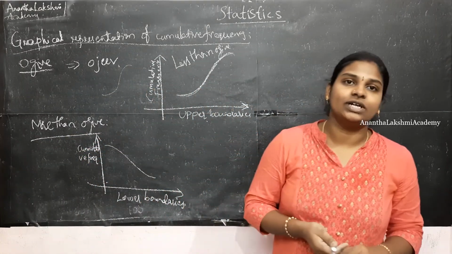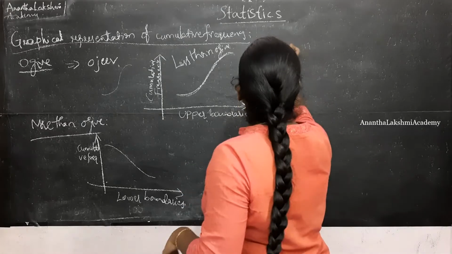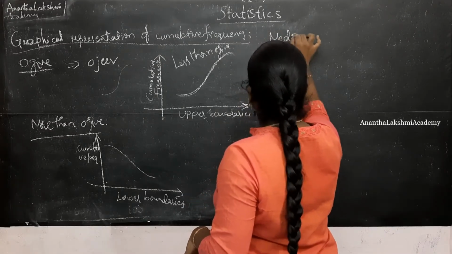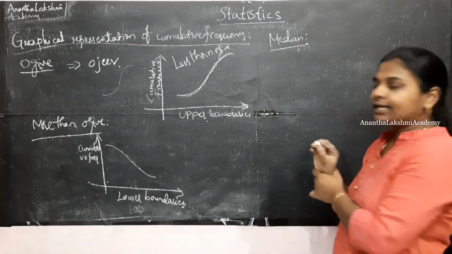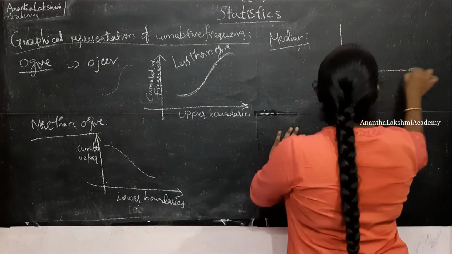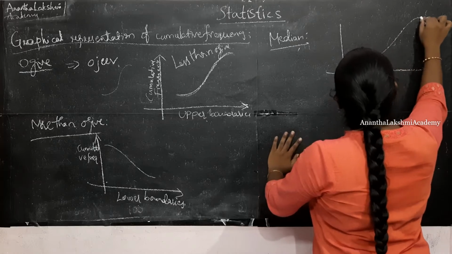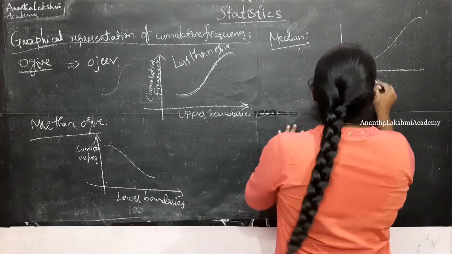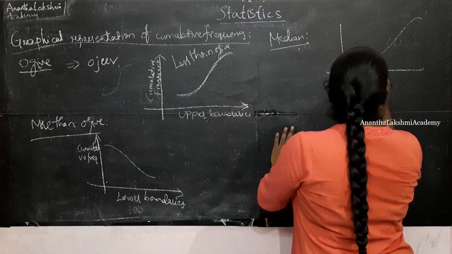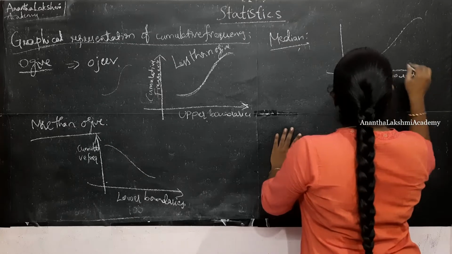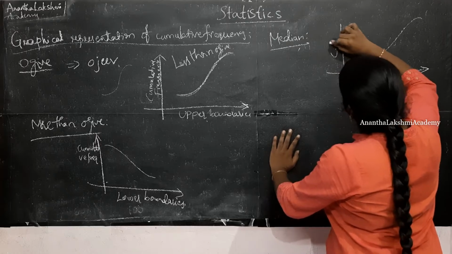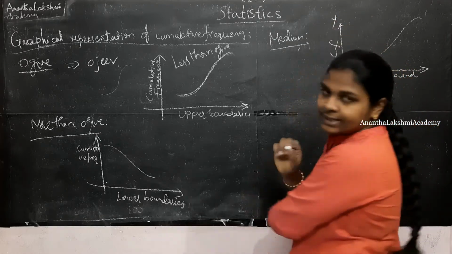Okay, now what are we trying to figure out from these graphs? What we are going to figure out from these graphs is nothing but the median. Okay, median. How do we calculate the median? Say for suppose I have a less than ogive, wherein we have upper boundaries on the x-axis and cumulative frequency on the y-axis.